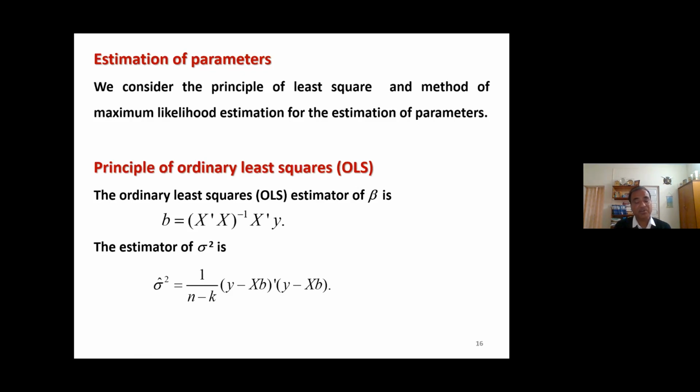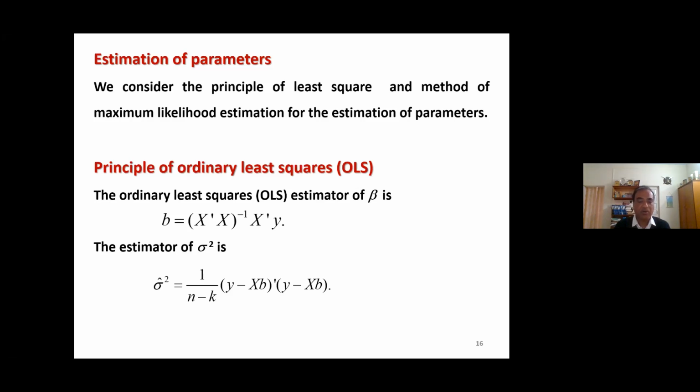Now, the next question is, can you estimate it? On the right-hand side of this equality sign, you know the observations on X and you know the observations on Y. You know how to multiply two matrices, how to take the transpose, and how to find the inverse, and then you can multiply all these things together to get the value.